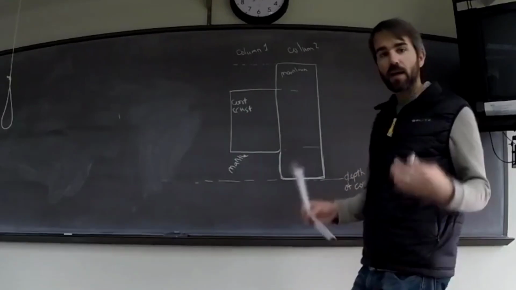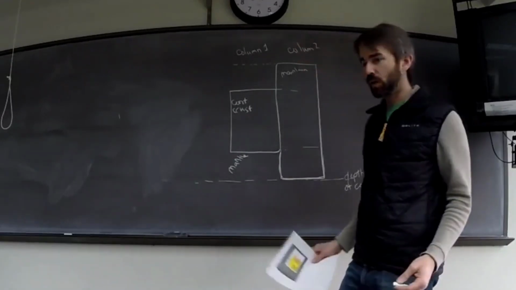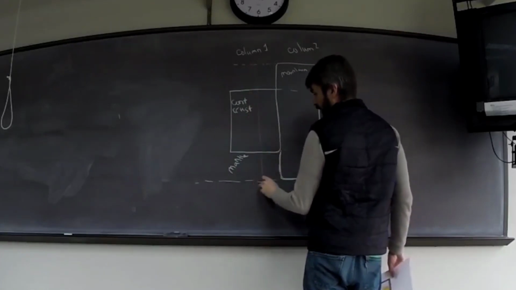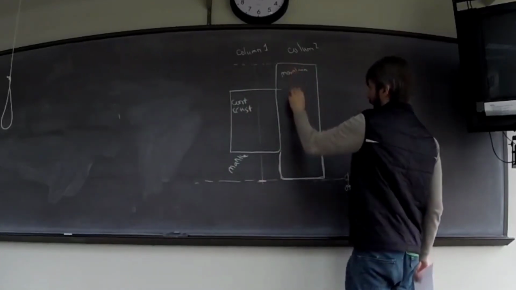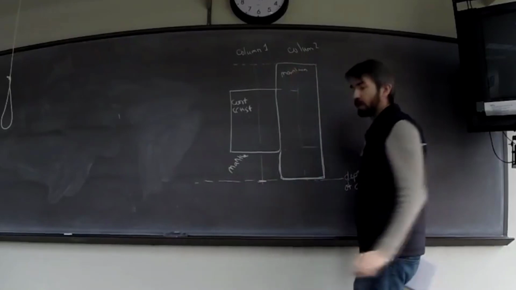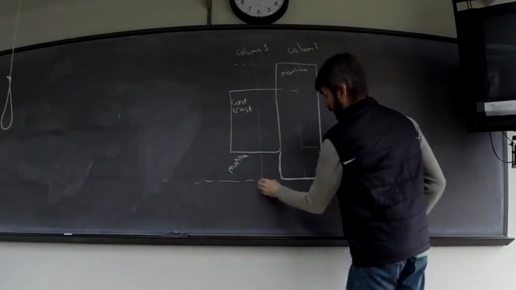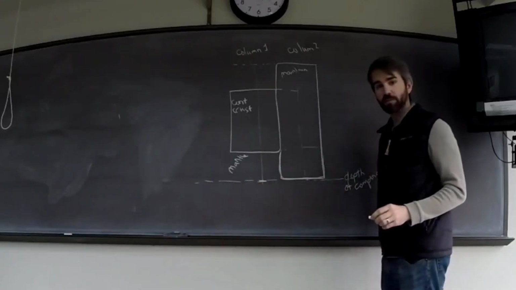And the way Archimedes' principle, or isostasy, works, it says that if you add up the weight of column 1 and add up the weight of column 2, they have to be equal. So the pressure here and the pressure here have to be equal.